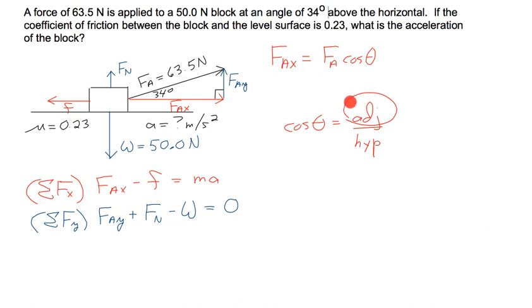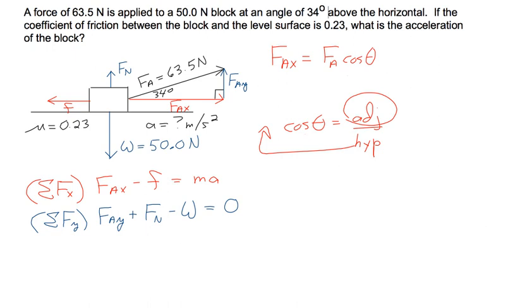So I'm going to move this to the other side so that I have the adjacent equals the hypotenuse times the cosine of theta. So it will always be hypotenuse times either sine or cosine.